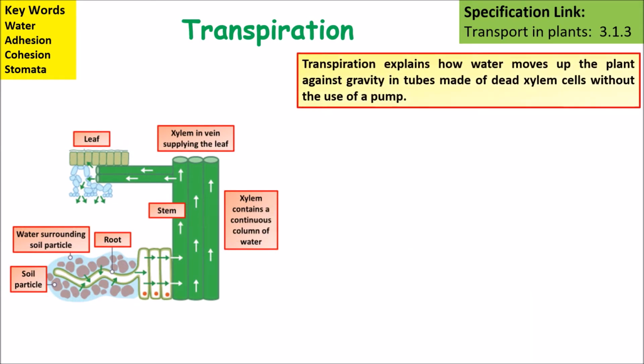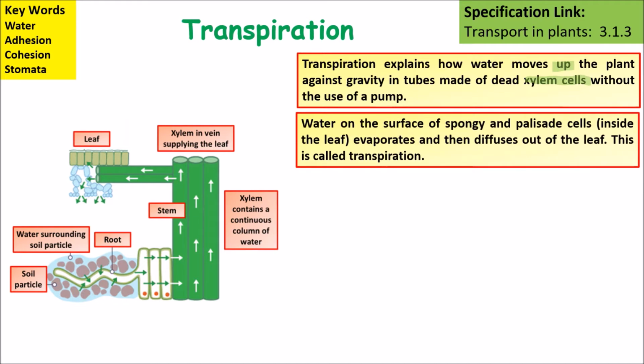Transpiration explains how water moves, most importantly, up the plant against gravity in tubes made out of dead xylem cells without the use of a pump. Water on the surface of spongy and palisade cells, so those inside the leaves, evaporates and then diffuses out of the leaf.